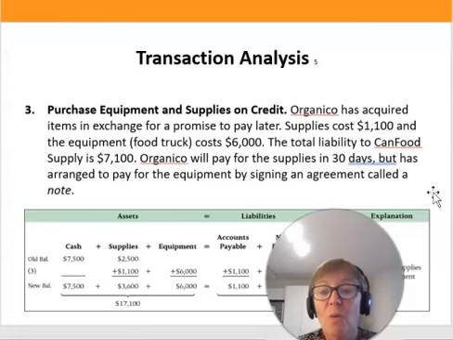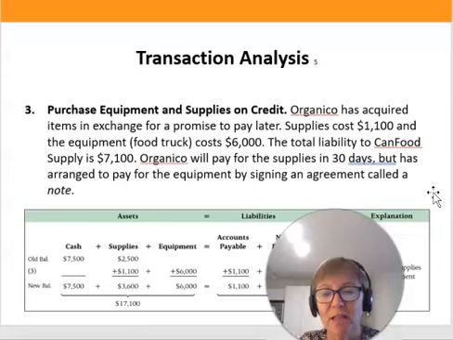Okay, so what happened on the other side? The total liabilities to the canned food supplier is 7,100. Organico paid for the supplies in 30 days, but had to arrange to pay for the equipment as a loan called a notes payable.